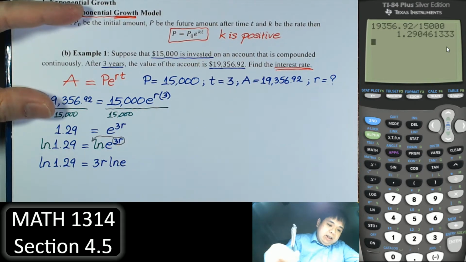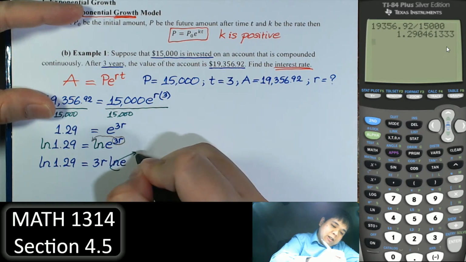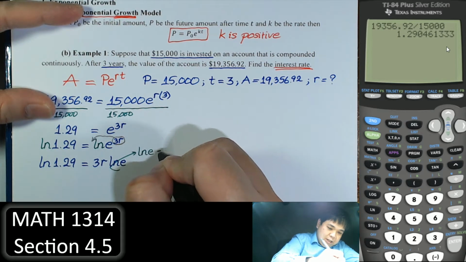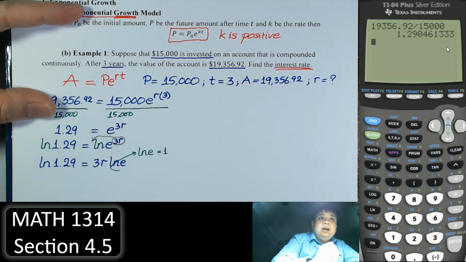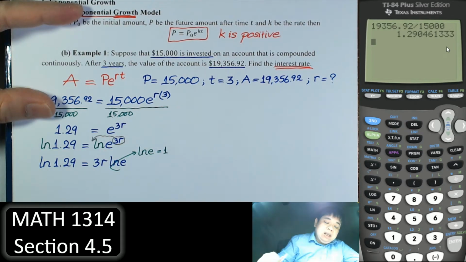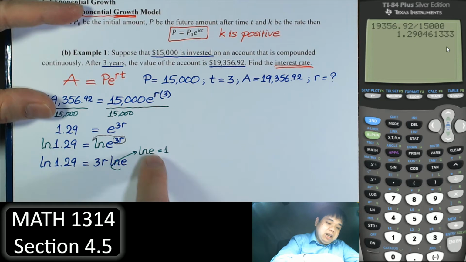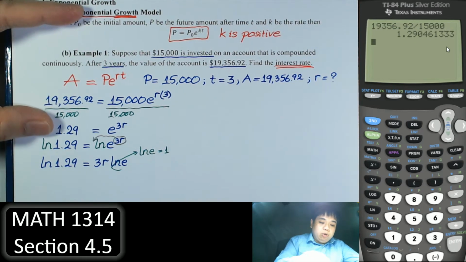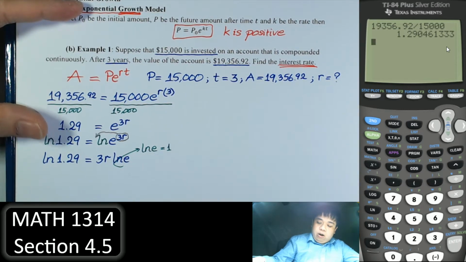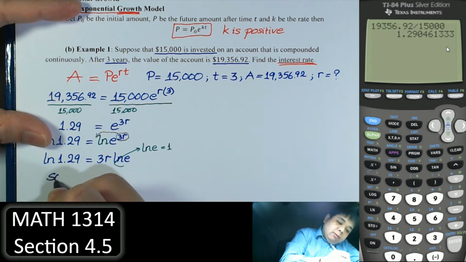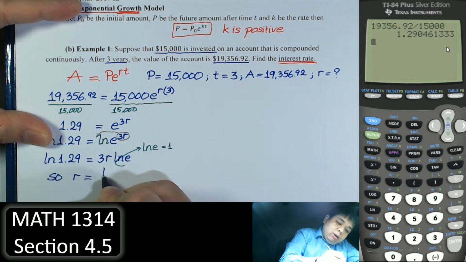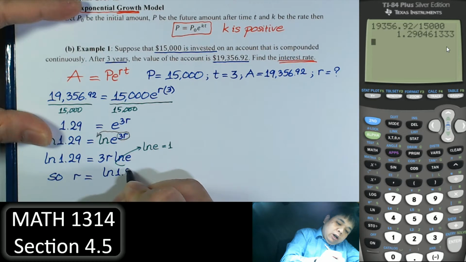And ln of e is 1. Because ln is a log base e, and base e and base e cancel out, we just have 1. Right, so 3r is equal to that. So r is equal to ln 1.29 divided by 3.